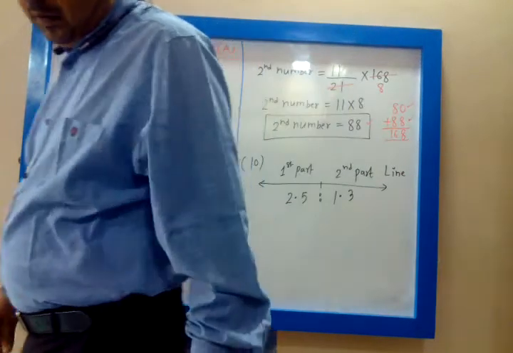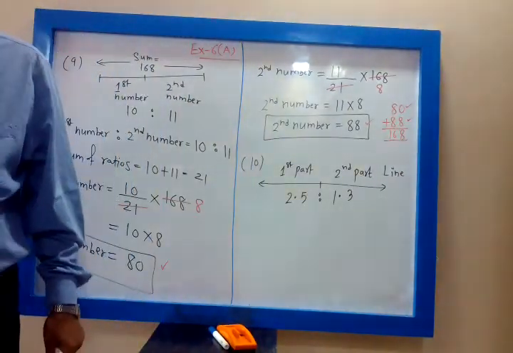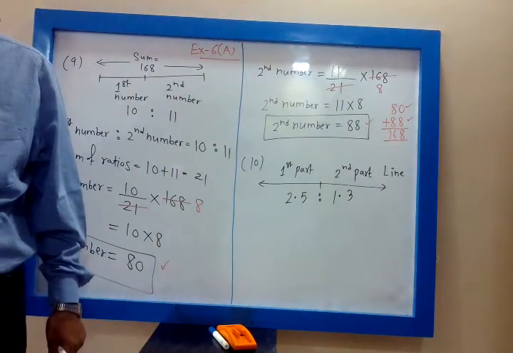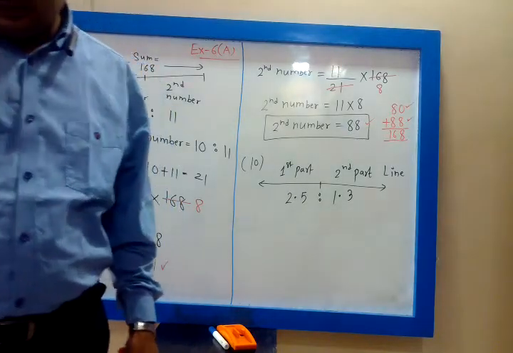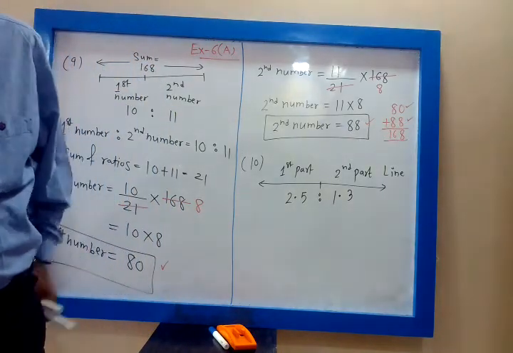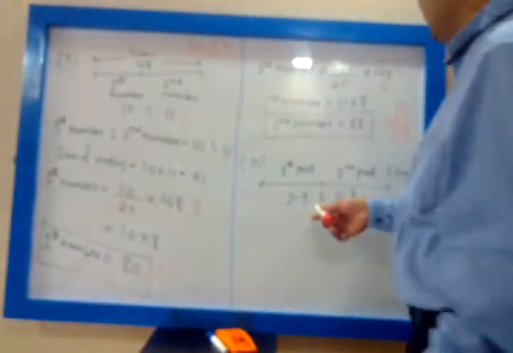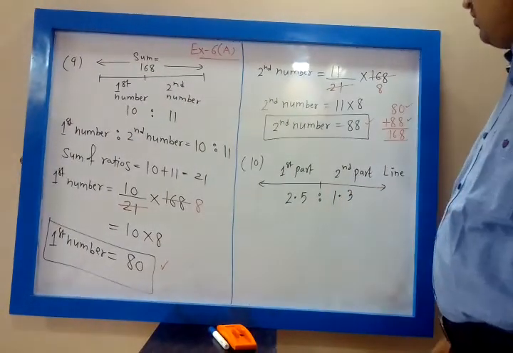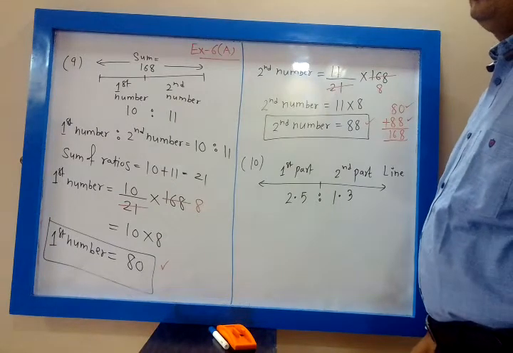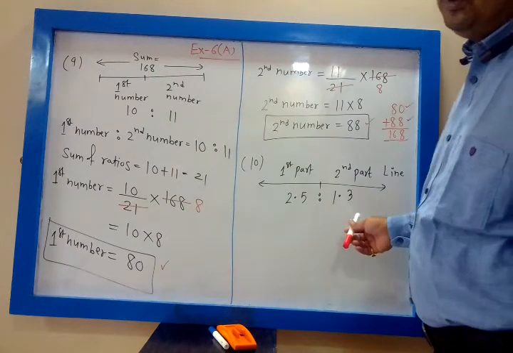If the smaller one is 35.1, find the length of the line, means total length. Now tell me, which ratio is small, 1.3 or 2.5? 1.3.